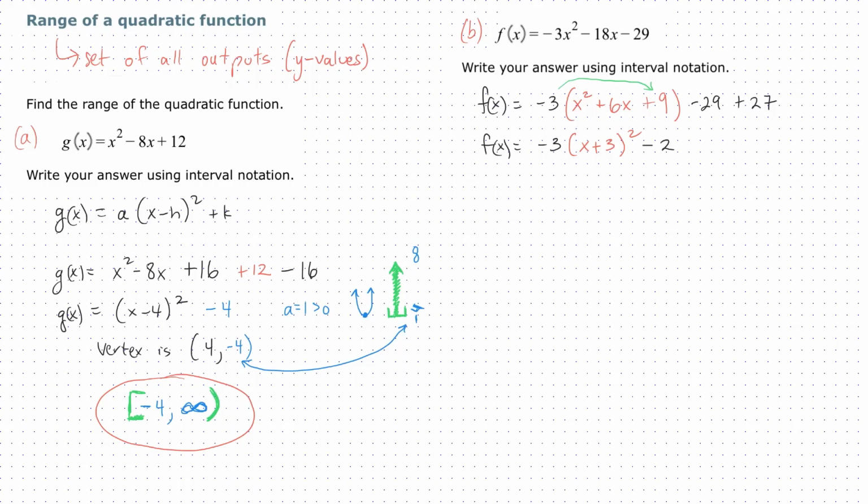This time, the parabola is actually pointing down. This time the a value is negative 3, which is less than 0. So your parabola is concave down, and if it's concave down, then you have a maximum value.